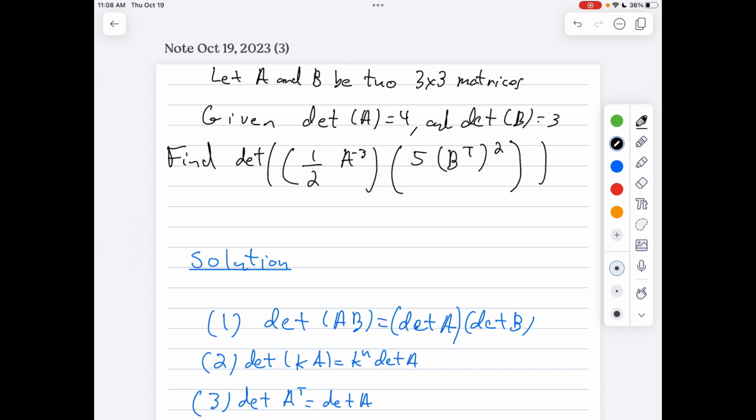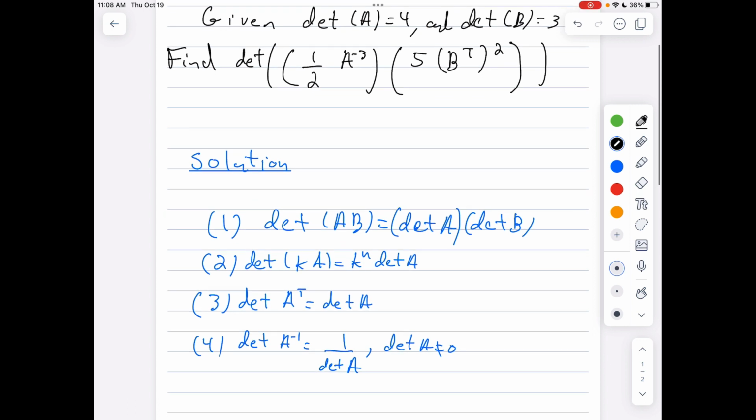Now, we're going to be using these properties that we have about determinants. The first property says that if you take the determinant of a product of two matrices, it's equal to the determinant of each matrix multiplied out. If you take the determinant of a constant k times a matrix A, it's equal to k to the n times the determinant of A, where n is the number of rows or columns in the matrix.